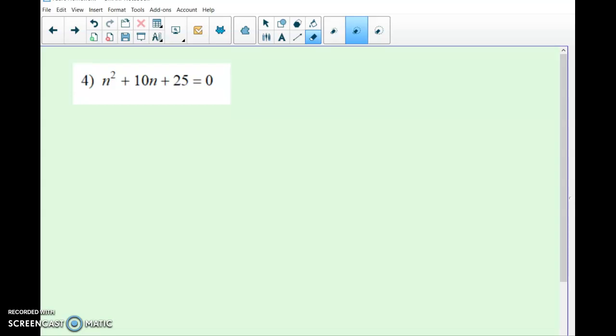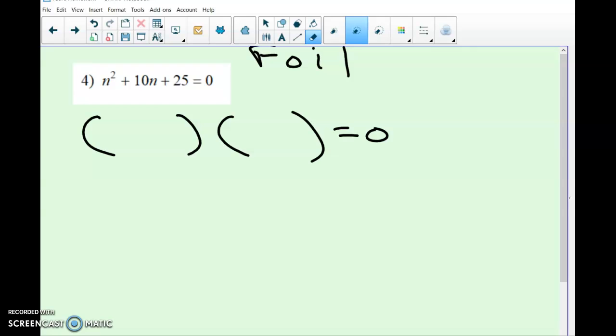If I have to factor, and we've always talked about if I'm going to factor anything like this, I'm going to be factoring it into a binomial, and I'm putting it equal to 0. Obviously, FOIL. We think of FOIL all the time. The first terms in our binomial are the factors of n squared, n times n.